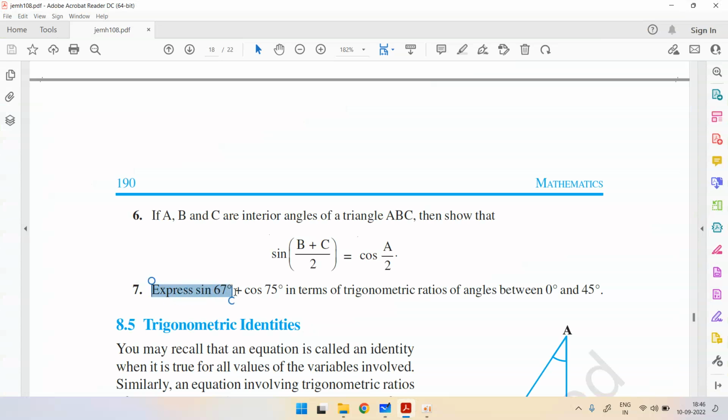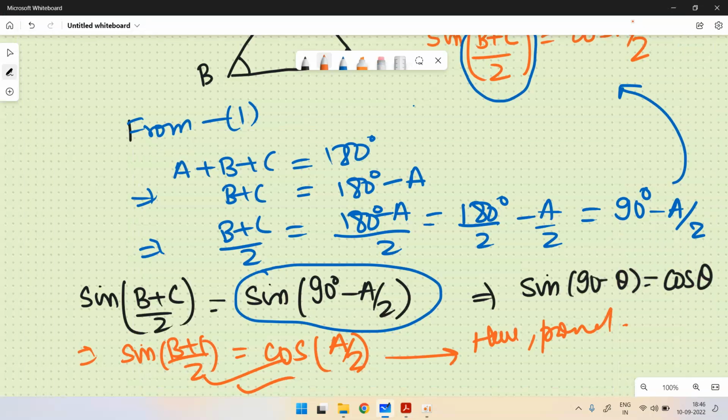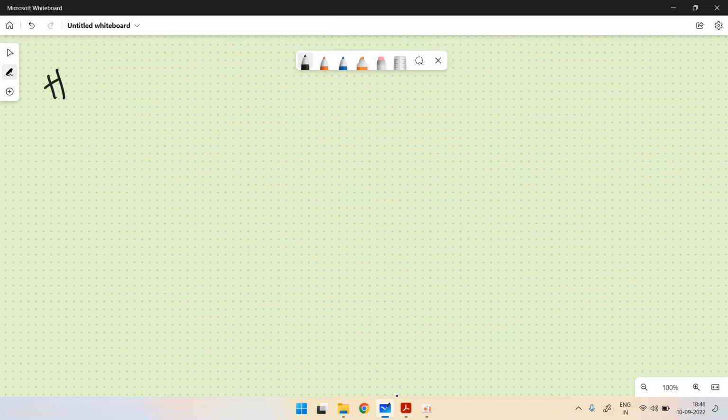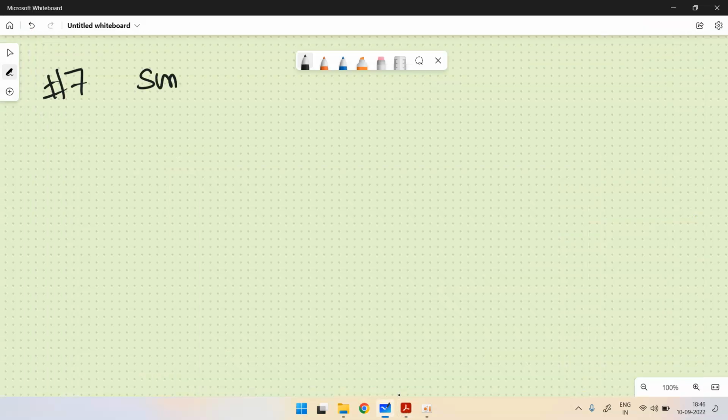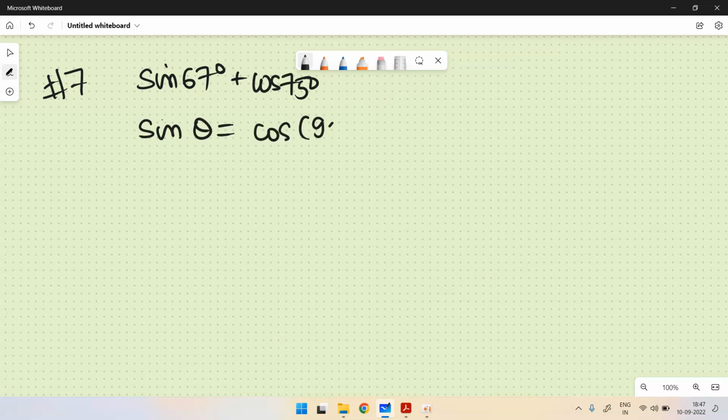Now the 7th question: express sine 67 degrees plus cos 75 degrees in terms of trigonometric ratios between 0 and 45 degrees. You know that sine of theta is nothing but cos of 90 minus theta.